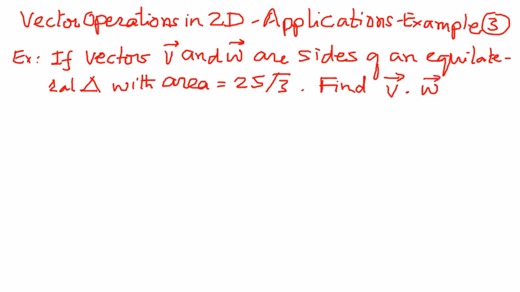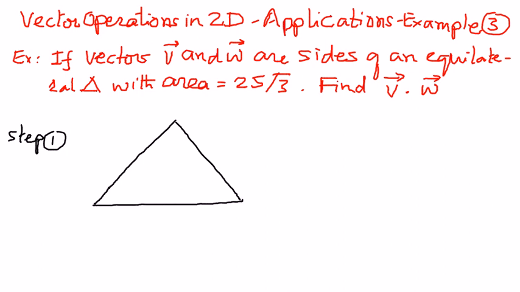Okay, so first things first, step number 1, let us draw an equilateral triangle, and in here, if I were to say this is the y-axis or the j-axis, and this is the x-axis or the i-axis, and if I were to also drop a perpendicular here, for one of the properties of an equilateral triangle is all the three angles are going to be equal to 60 degrees, 60 degrees, 60 degrees, and one of the rules of any triangle is the sum of the three angles should together equal 180 degrees, and this satisfies that.